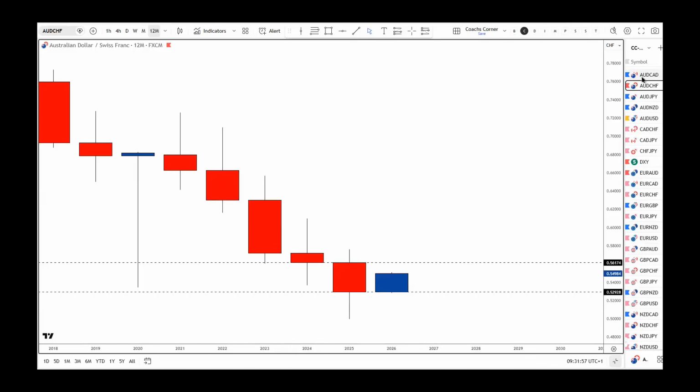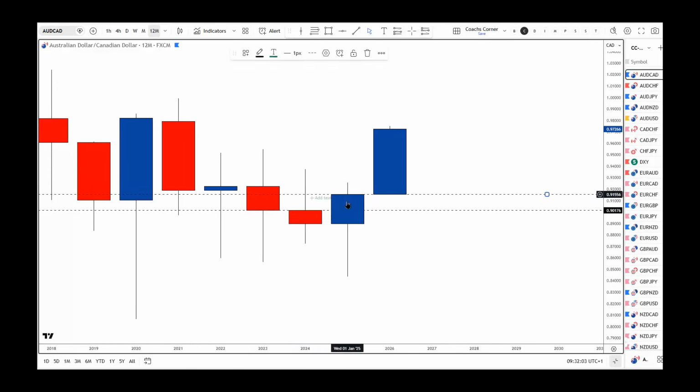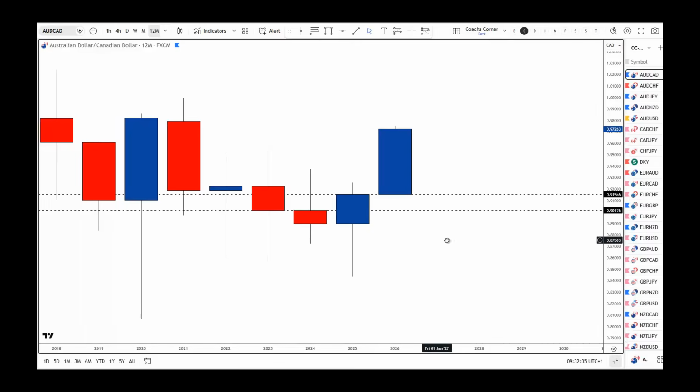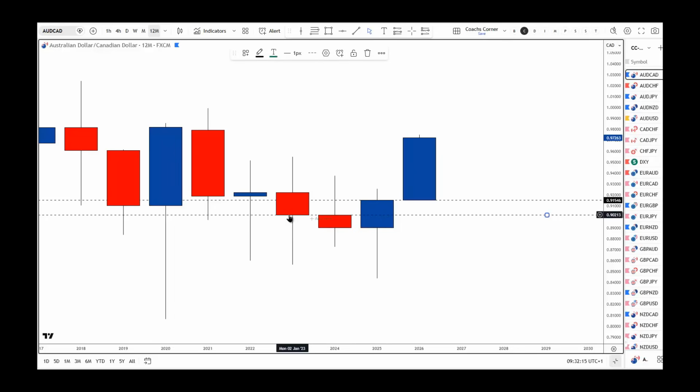Because sometimes, like if you go to Aussie CAD and this is the yearly chart, I mark the previous yearly close, and then in this specific case, if I mark the year before, it's down in here. But if price is actually correcting, price could very well be reacting from this yearly close that is before the previous one.